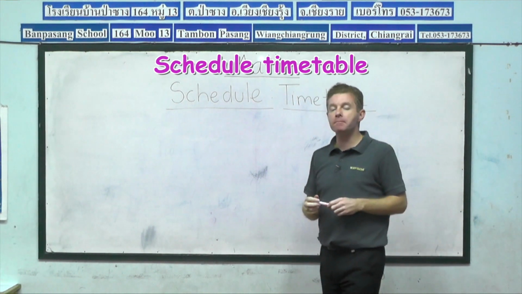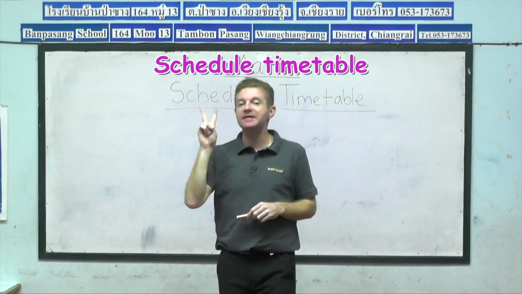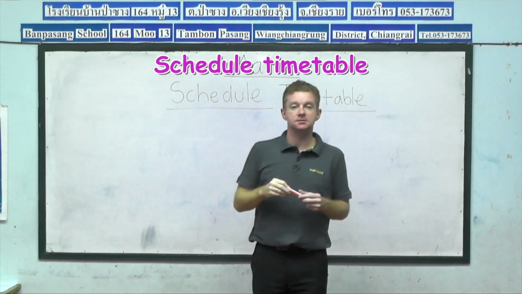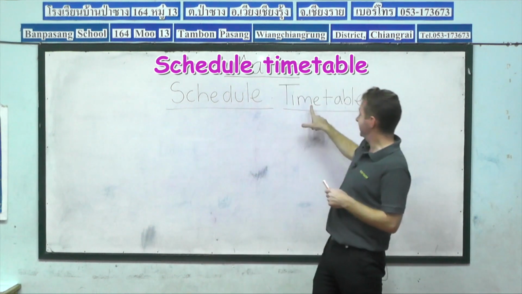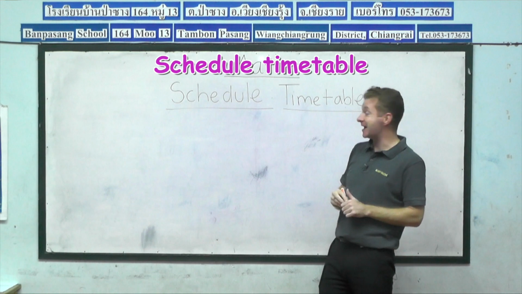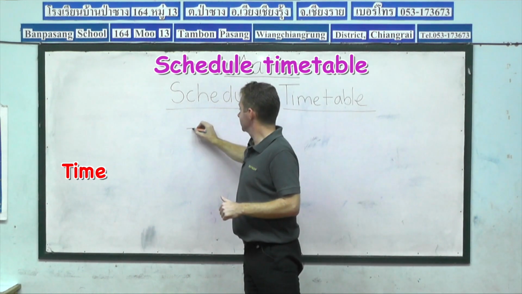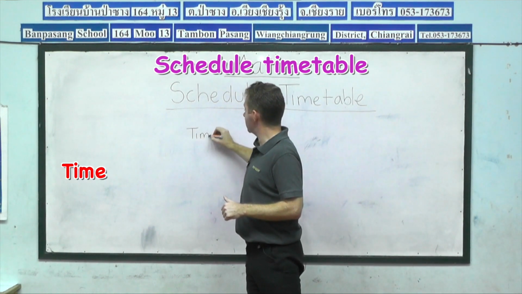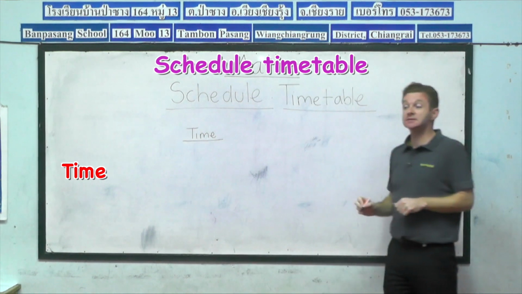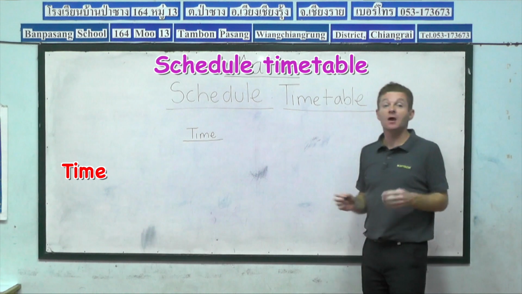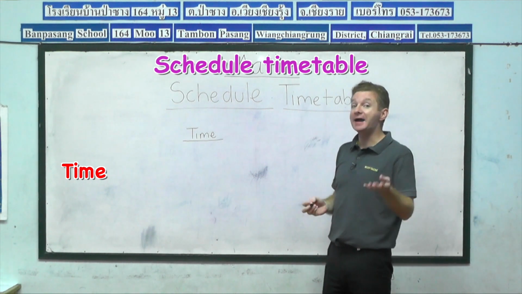Now, who can remember every timetable needs at least two different things? Can anybody remember what the first thing is? Time. It's actually in the name. It needs a time. T-I-M-E. And then the next thing it needs, lessons. Like what we need really are activities.